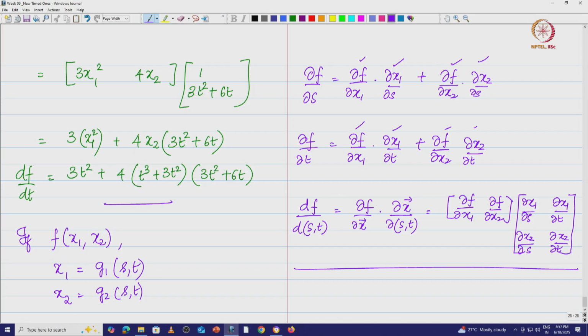Now, where are we headed to? We are getting into a very interesting topic now, which is basically a function. Till now what we studied, we said that y is equal to f of x, where the function was mapping R to R, a single variable to another variable y.